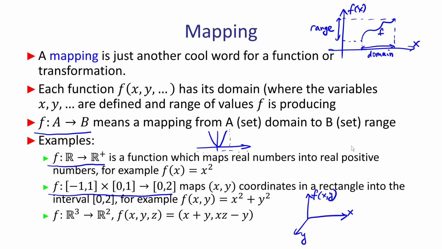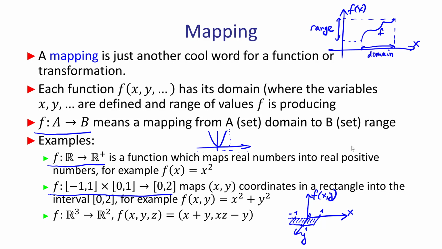So you will have an interval on x, which will be from -1 to 1. Interval on y, which will be from 0 to 1. And we will have that kind of rectangle here. This is the domain of our function.